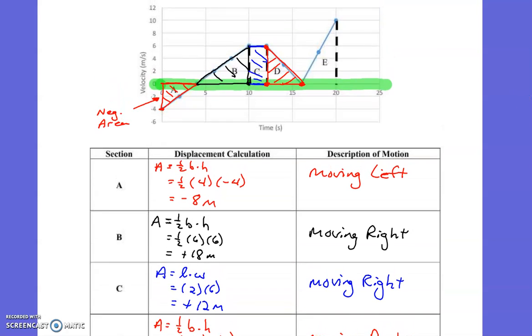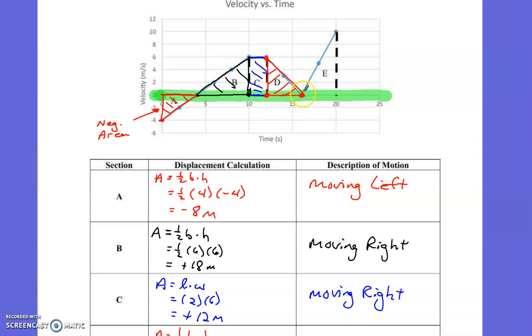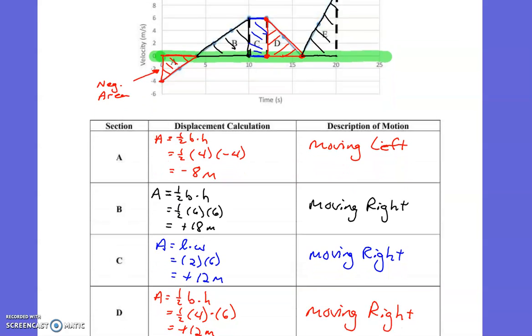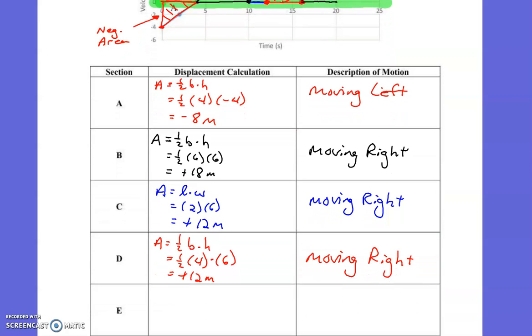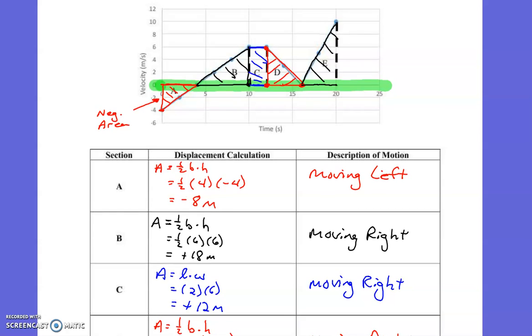For the last section, I'm going to again find the area between the line of the graph and the horizontal axis. And this is going to make a triangle again, which is 1/2 base times height. To get the base, it is from 16 to 20. That is a length of 4.